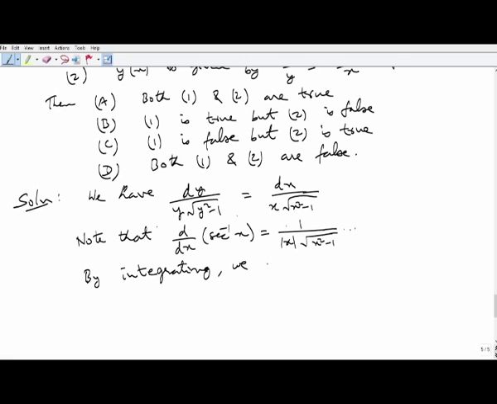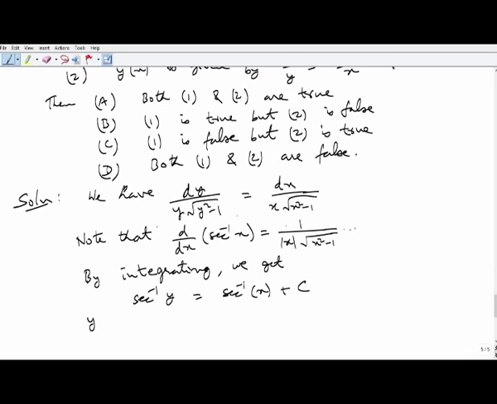we get secant inverse of y is equal to secant inverse of x plus constant c. Now, we will find the value of c by using the condition that y at 2 is equal to 2 by root 3.